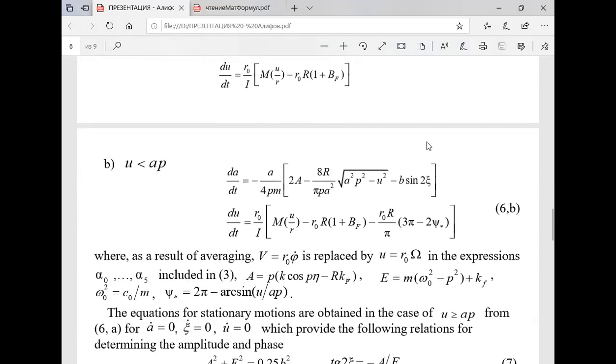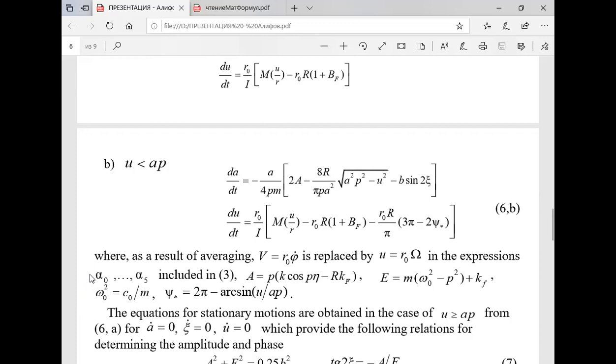We can see the following equation, where as a result of averaging, V is equal R sub 0 phi dot is replaced by u is equal R sub 0 omega in the expressions alpha sub 0 and alpha sub 5 included in 3.